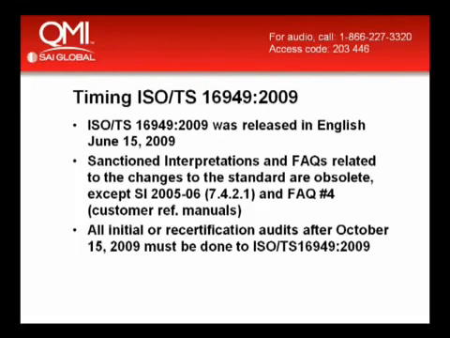They have included these. There are two sanctioned interpretations and frequently asked questions that will remain. These have not been deleted. Sanctioned interpretation 2005-06 is related to supplier quality management system development, and frequently asked question number 4 is just a reference to the customer reference manuals that are still applicable to the standard.